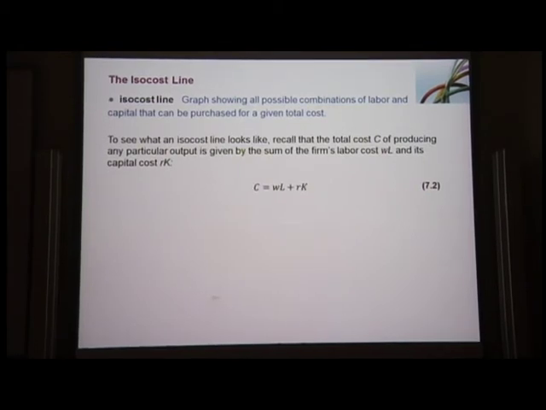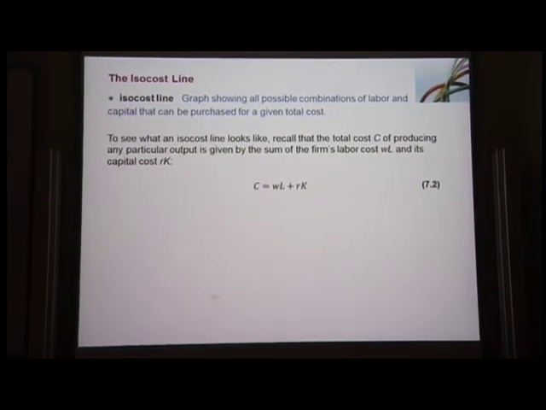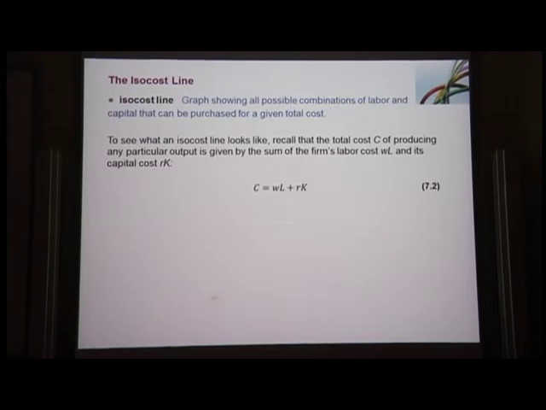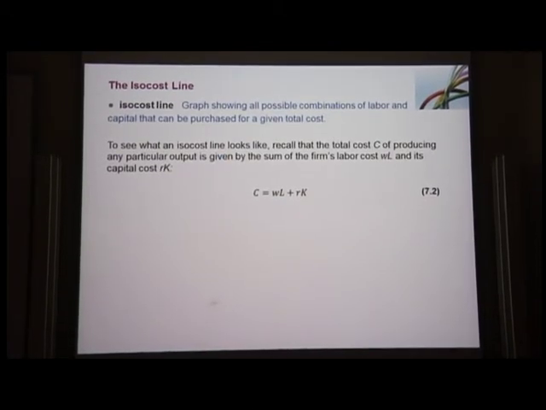And so what is an isocost line? It's a graph showing all possible combinations of labor and capital that can be purchased for a given cost.